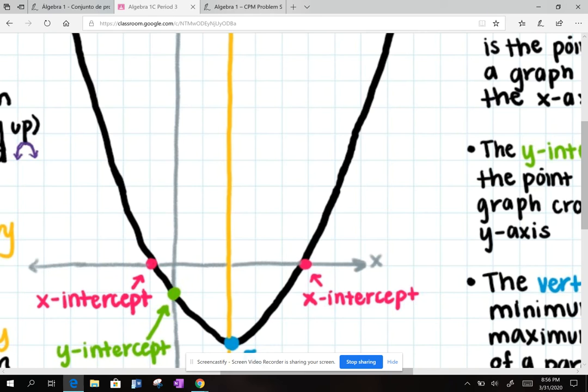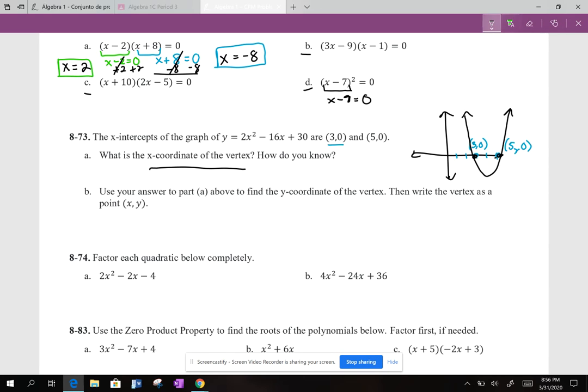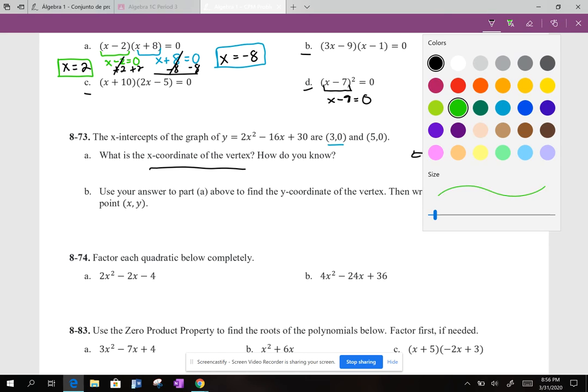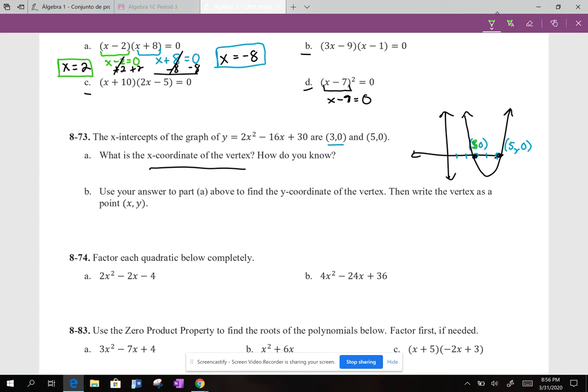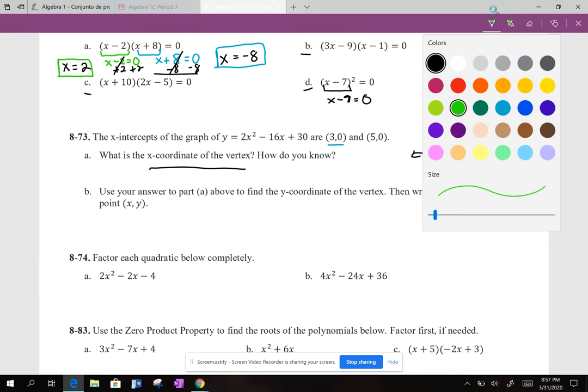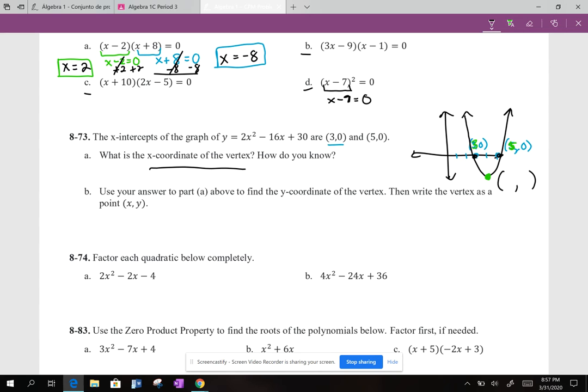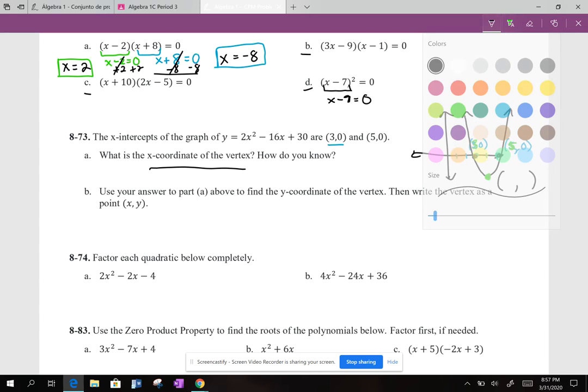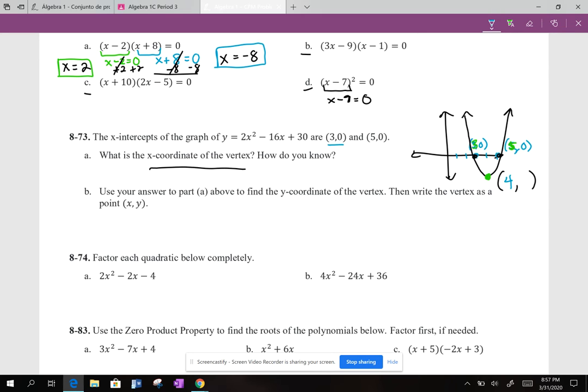So if my two x-intercepts are at (3, 0) and (5, 0), then the x-coordinate of the vertex should be 4, because 4 is halfway between 3 and 5.